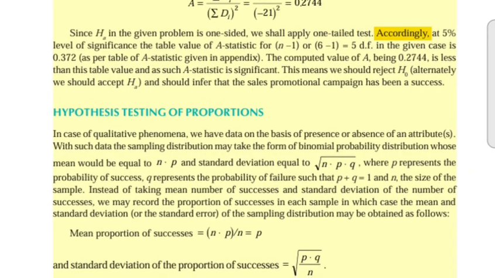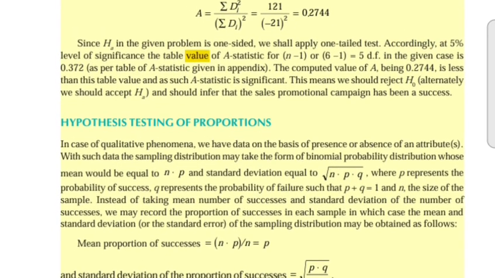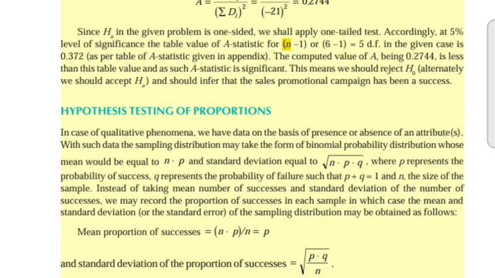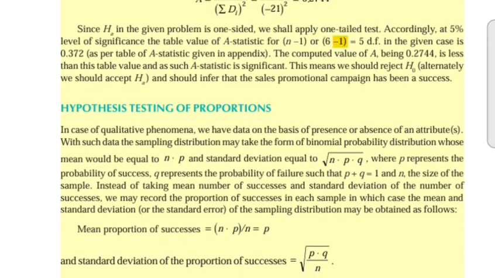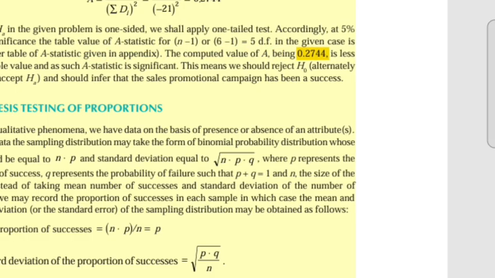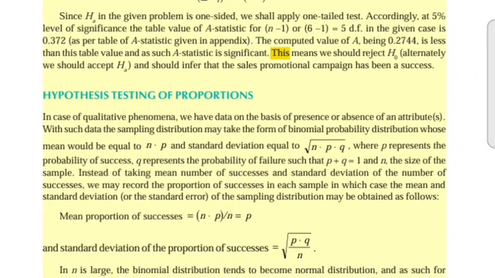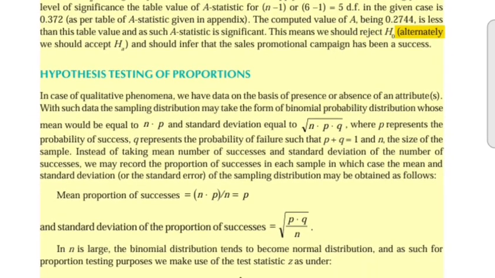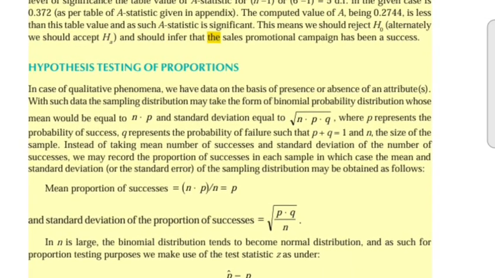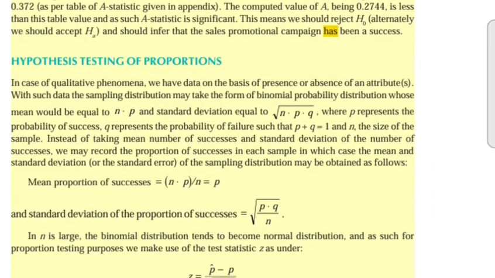Accordingly, at the 5% level of significance, the table value of the A statistic for n-1 or 6-1 = 5 d.f. in the given case is 0.372, as per the table of A statistic given in the appendix. The computed value of A, being 0.2744, is less than this table value, and as such the A statistic is significant. This means we should reject H0. Alternately, we should accept Ha, and should infer that the sales promotional campaign has been a success.